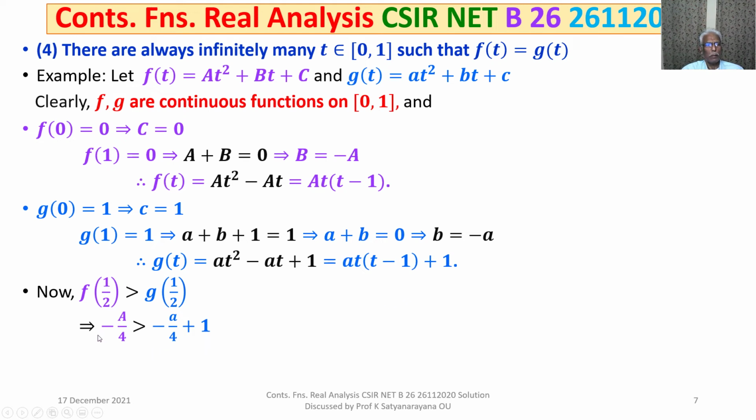And cancel the minus sign throughout and multiply by 4, we get the inequality reversed. Capital A is less than small a minus 4.